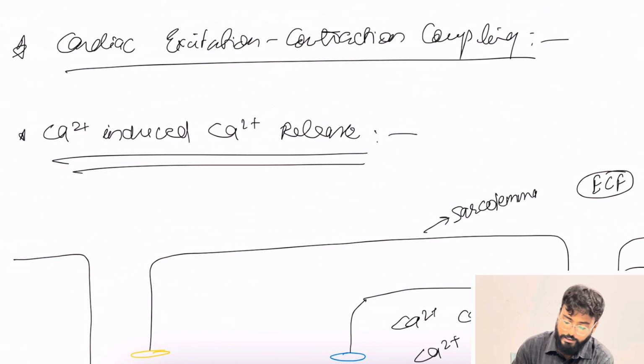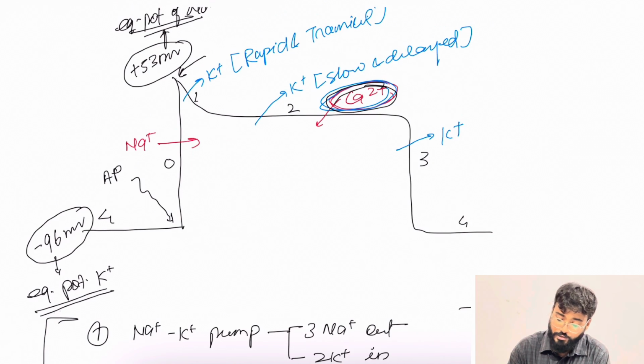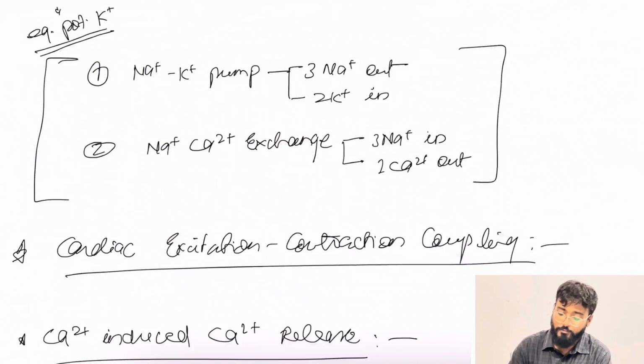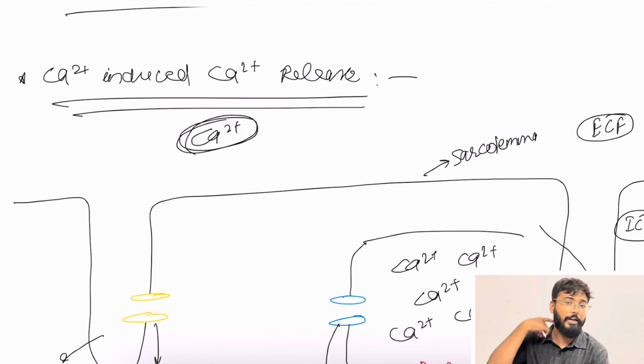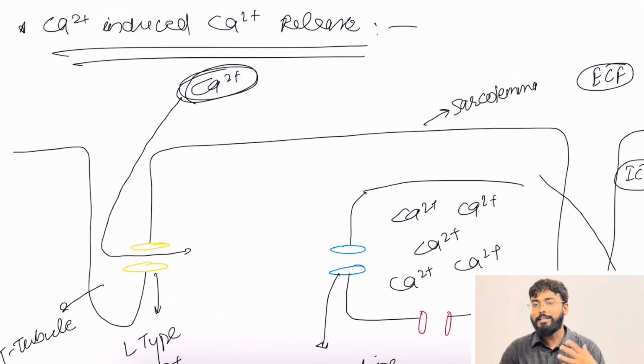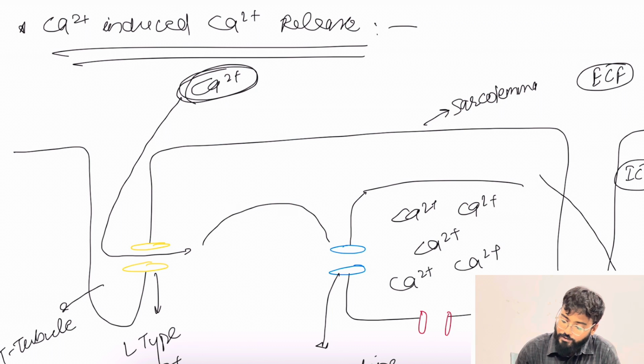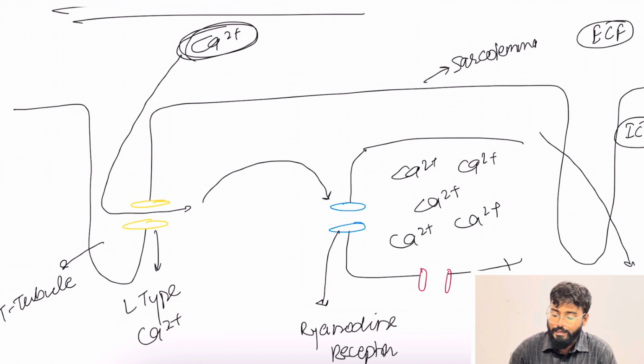So this calcium, which is present in the extracellular compartment, when it moves inside the cardiomyocyte through these L-type calcium channels, is insufficient to cause muscle contraction. So what it will do now, it will go and stimulate these ryanodine receptors.